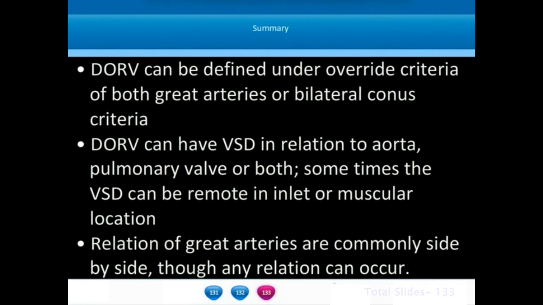Sometimes the VSD can be remote to both the great arteries and located either in inlet location or trabecular muscular location. The relationship of the great arteries are commonly side by side, but any relationship of great arteries can occur in DORV.